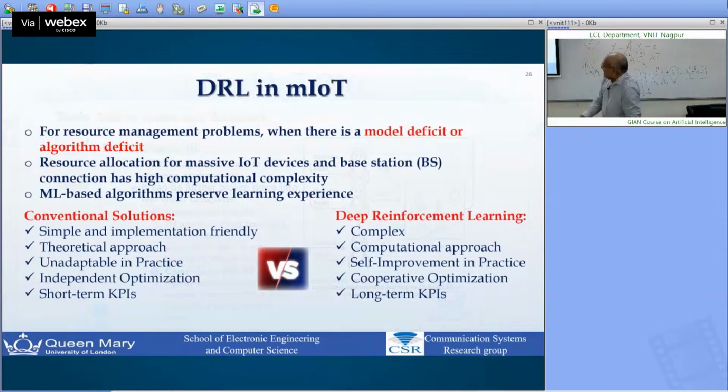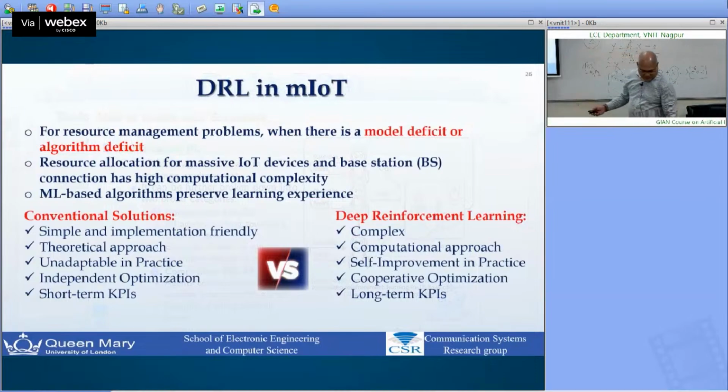But when you take deep reinforcement learning, I will show in the next slide, we are going to consider the future. So not only now, but after 100 time slots, we also have to serve the devices successfully. So that's what deep reinforcement learning considers, the long-term key performance index.